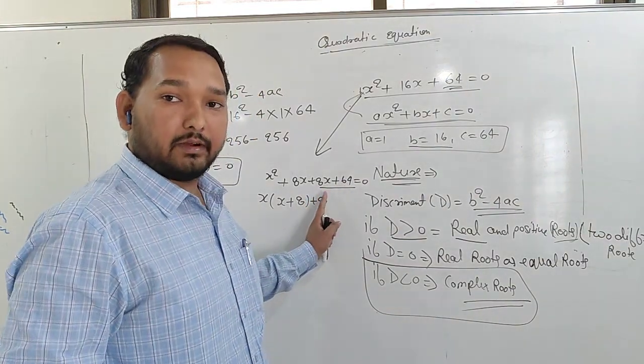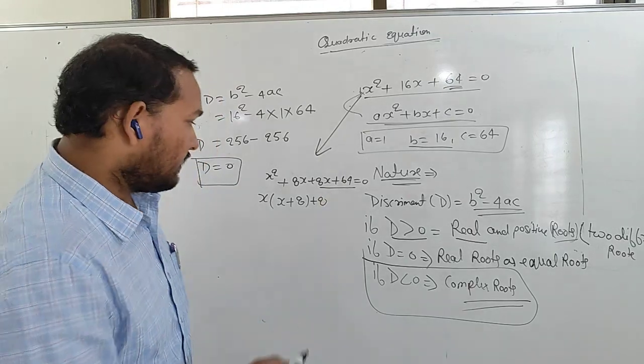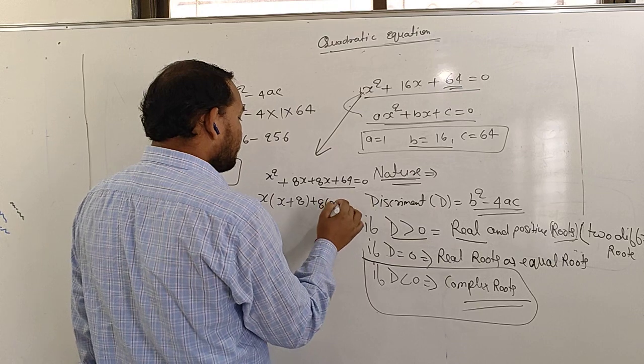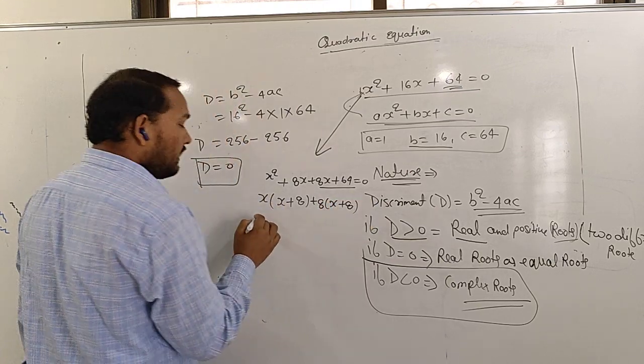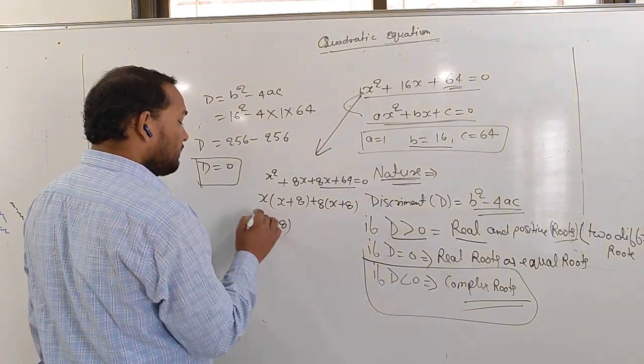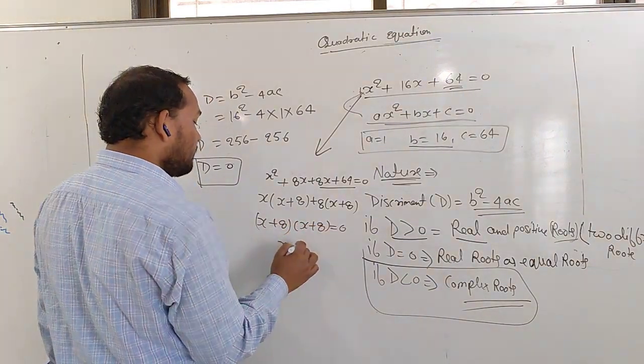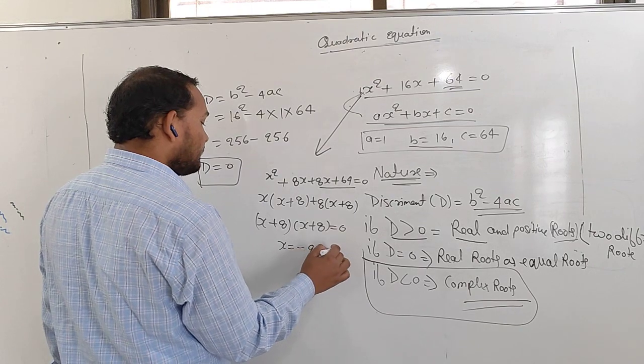Then x plus 8 remains, and x plus 8 is common once again. The remaining part x plus 8 is equal to 0, so x equals minus 8 and minus 8.